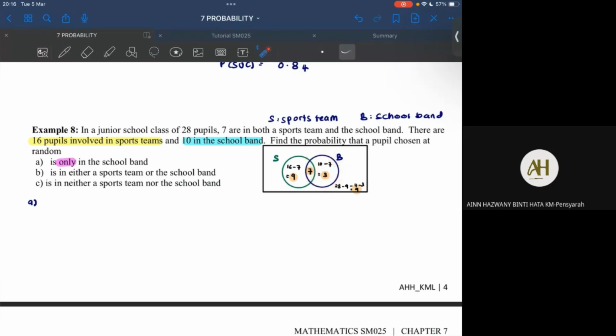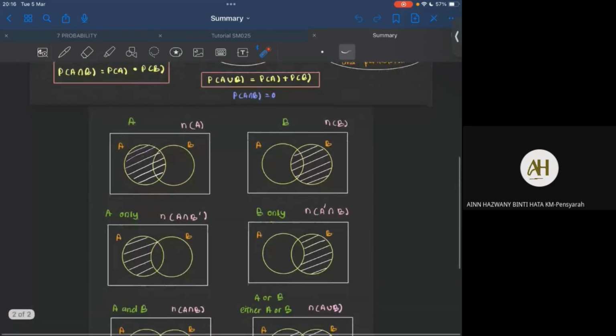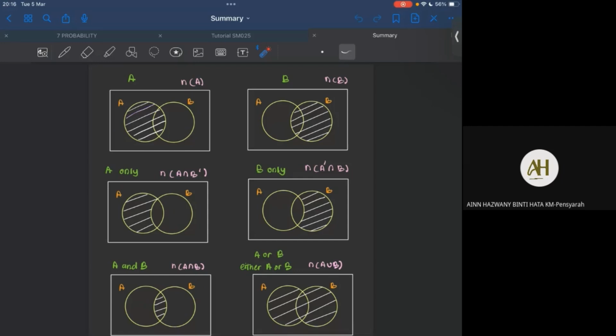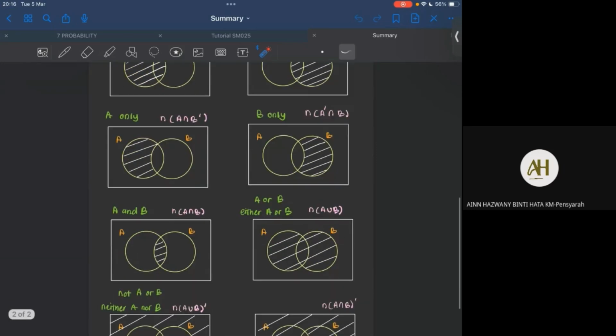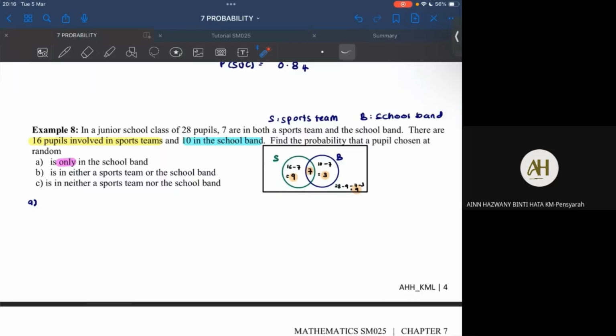Okay, so kalau tengok daripada Venn diagram kita di sini, number of A kita, kalau disebut number of A ialah keseluruhan dia. Okay, keseluruhan di sini. Okay, sebab dia cakap only, so kita nak yang di sini sahaja. So bila kita nak di sini sahaja, simbol dia ialah A intersect B prime. Okay, so dalam kes kita, soalan satu tu ialah only school band.